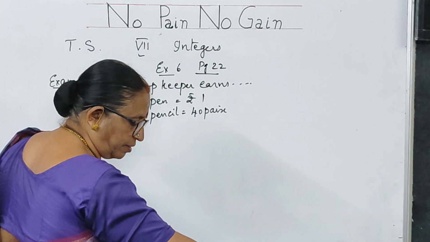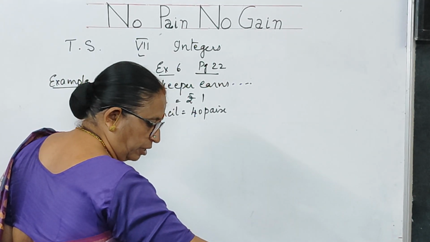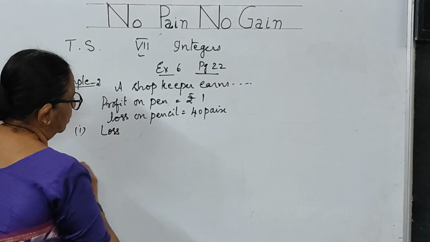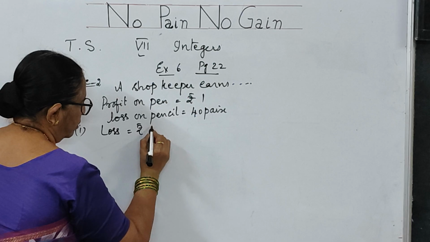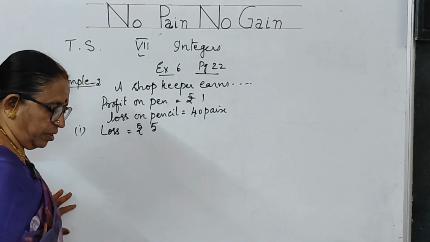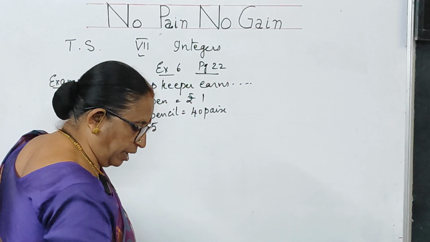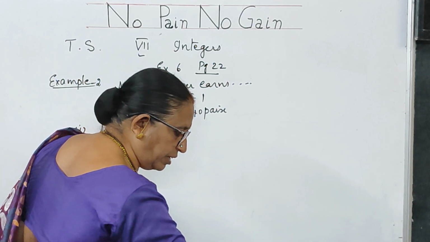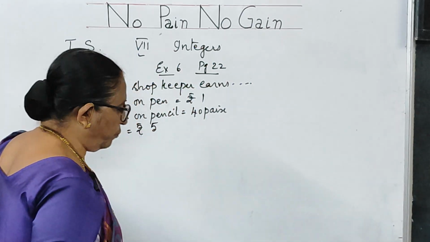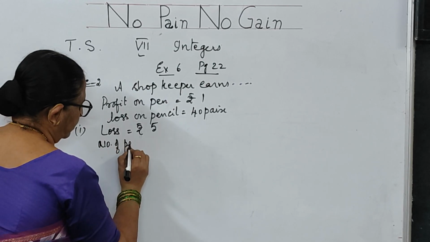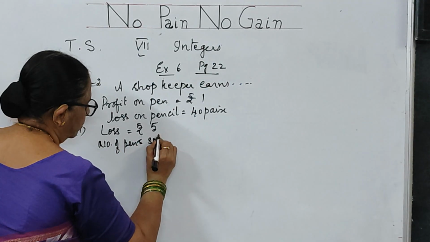In the particular month, she incurs a loss. Loss has occurred. How much? ₹5. She has incurred a loss of ₹5. And the number of pens, what are they saying? She sold 45 pens.